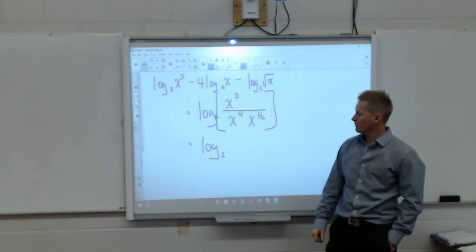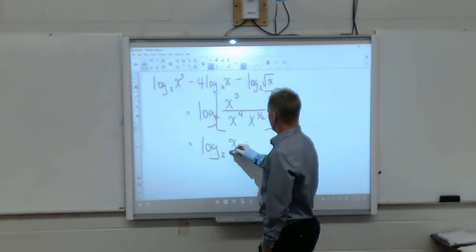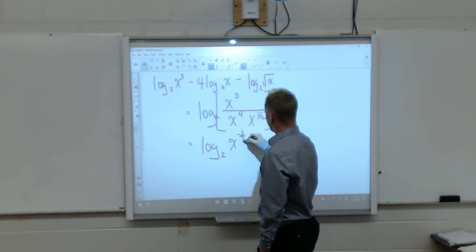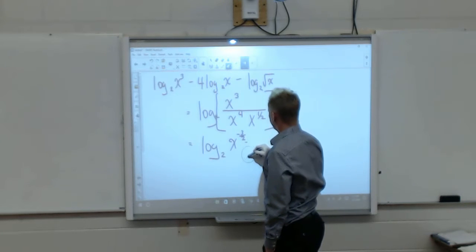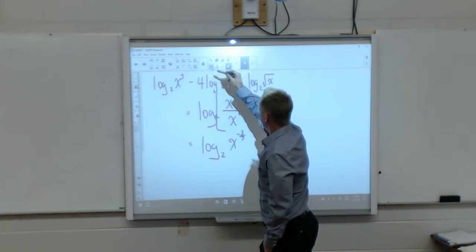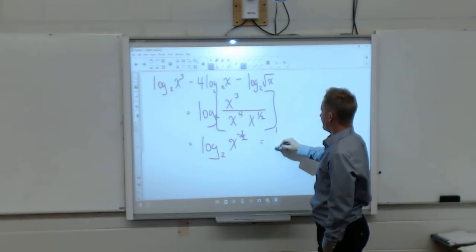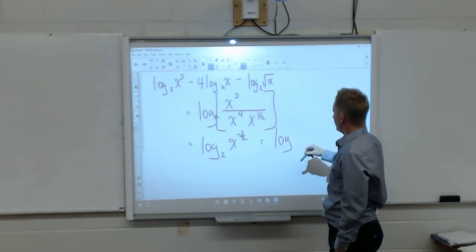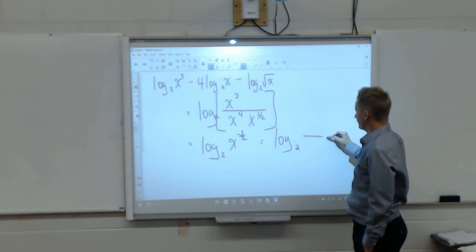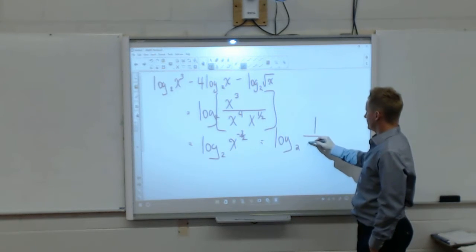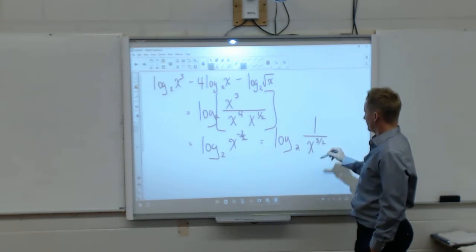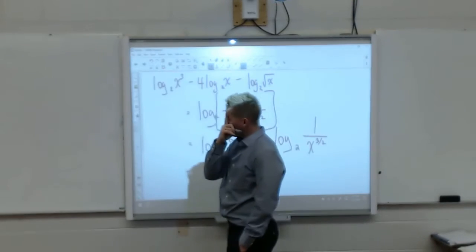So that's minus 3 over 2. So that's x to the minus 3 over 2. And if they wanted it in a positive exponent, how would I make that a positive exponent? That's right. Good job. There it is there. Okay?